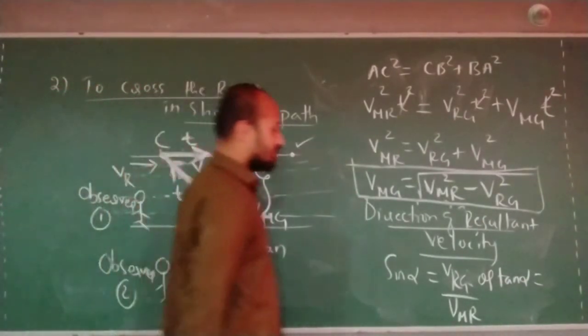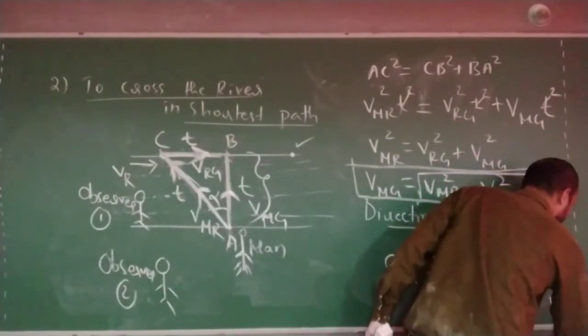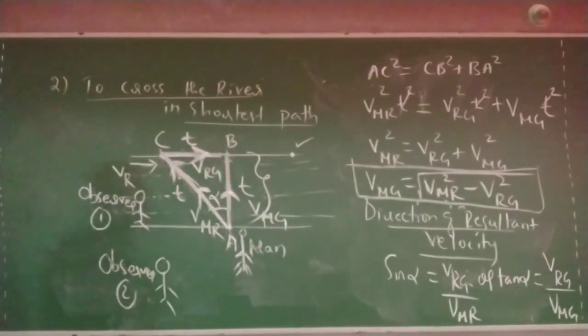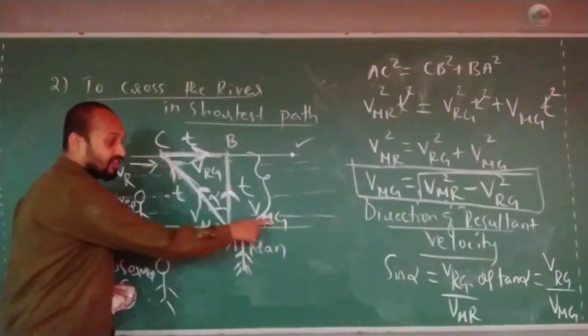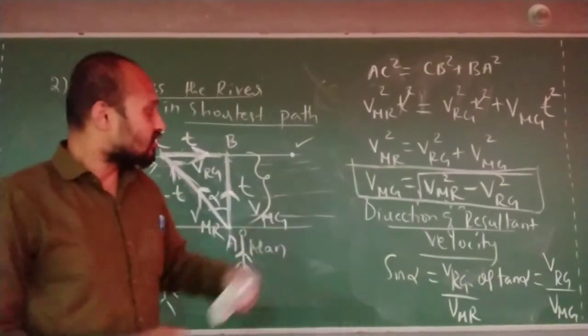What is VMG? Velocity of a man with respect to ground, then velocity of river with respect to ground. Are you understanding? VRG is the velocity of river with respect to ground. VMG is the velocity of a man who is swimming with respect to ground. These two are observed. So this is the direction.